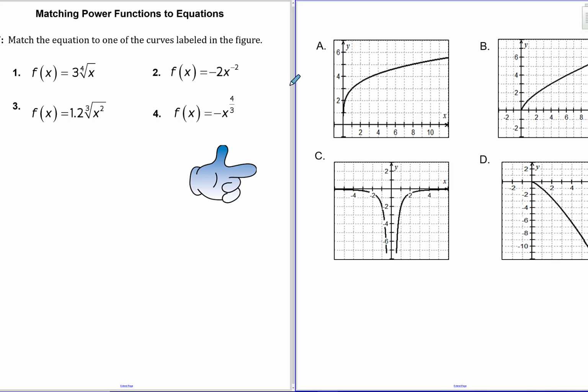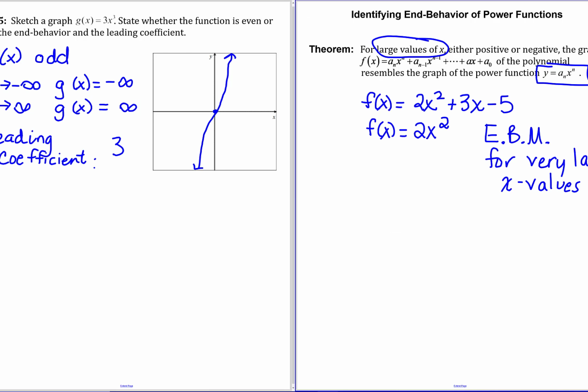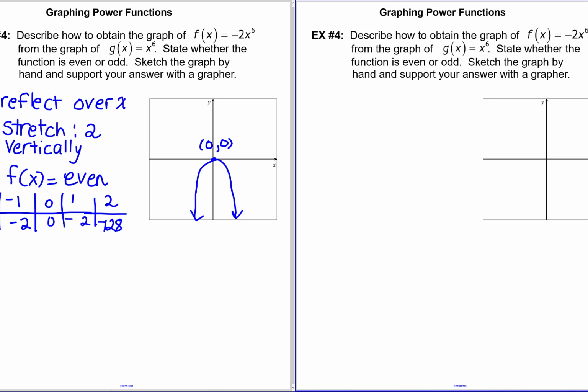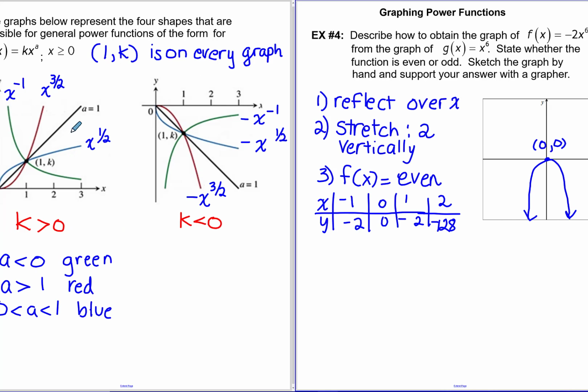So that would be this graph A, that downward graph. And if you go back to that, you can use that as a reference. I've got this downward fashion right here. K is positive because K is 3, and my power is a fraction. So the fraction gives me that blue behavior.